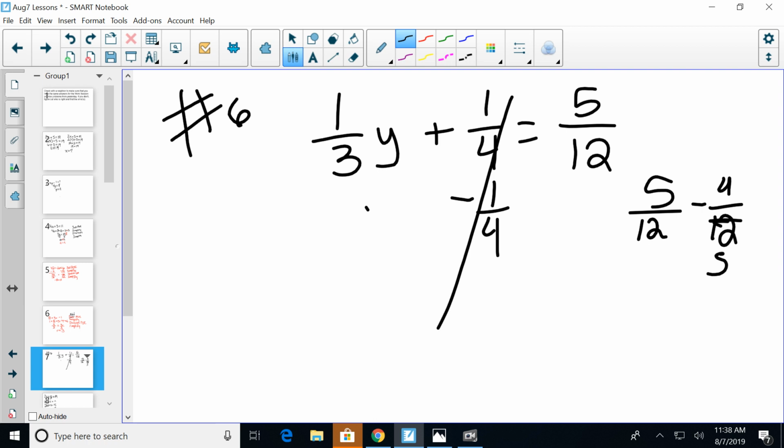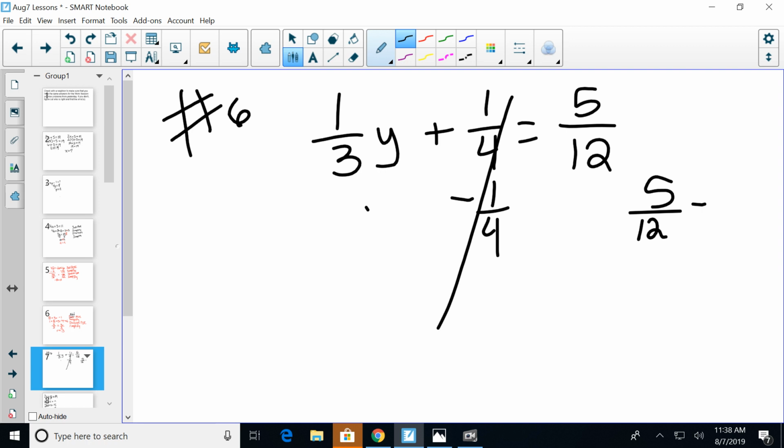The number is supposed to be the same. What's the fraction going to be for the common denominator? 12. That's your denominator, but what's the whole fraction going to be? 3 12s.